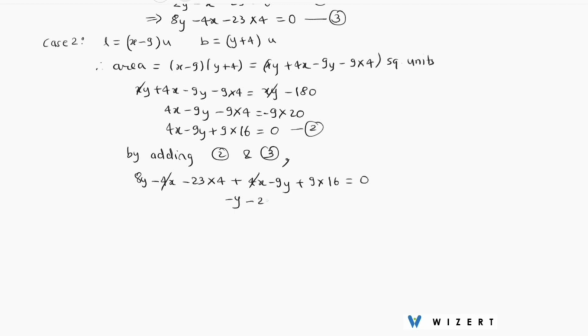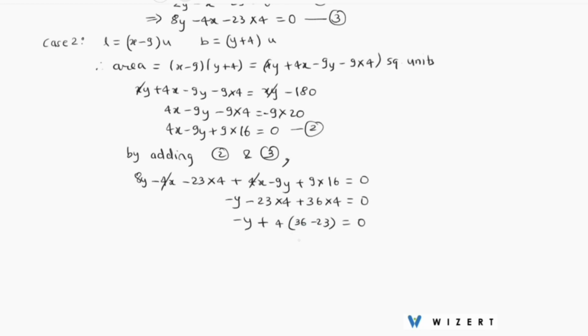So we get minus 23 multiplied by 4 plus 36 multiplied by 4 equal to 0. So we get minus y plus 4 common, with 36 minus 23 equal to 0. 36 minus 23 is 13.